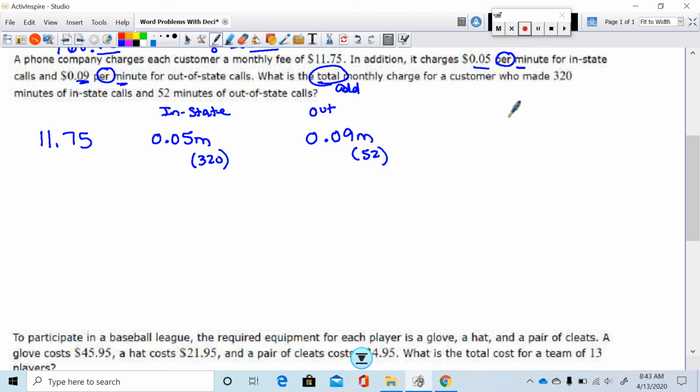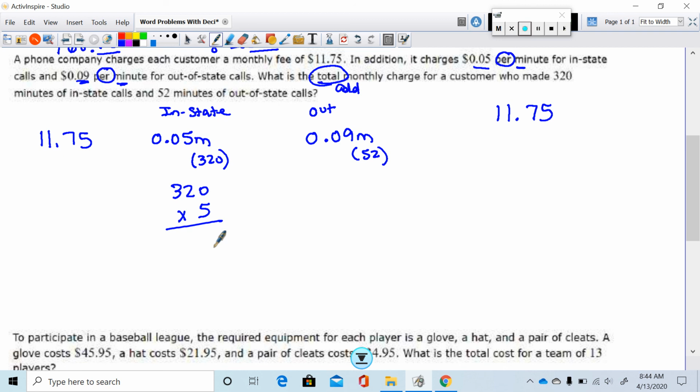Okay, the $11.75, everybody has to pay that. The reason I chose not to do lattice multiplication on this is because really for 5 cents you just have a single digit. So I'm just going to do 320 times 5. I only usually use lattice multiplication when I have more than single digits.